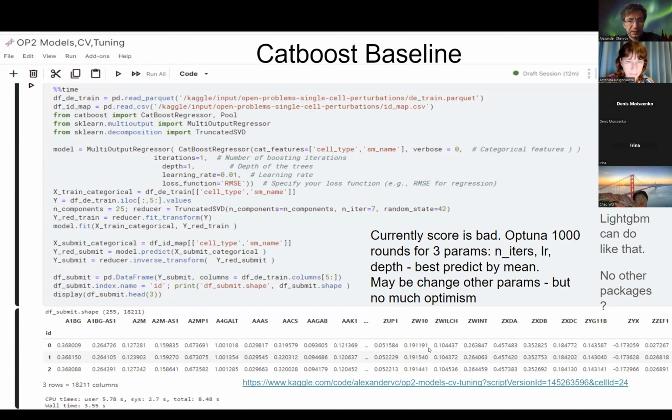Yes, but my idea is that keeping only the main components is good, because the other components may be mostly noise, and you will not be able to predict them. If you try to predict noise, you will spoil your model.